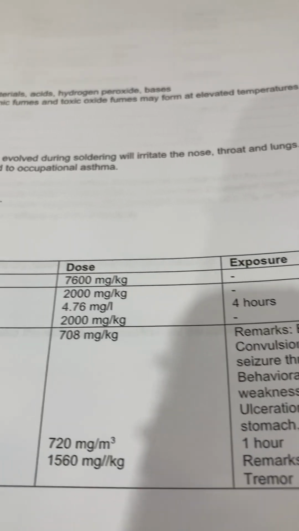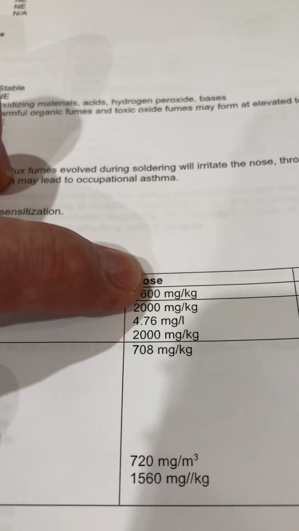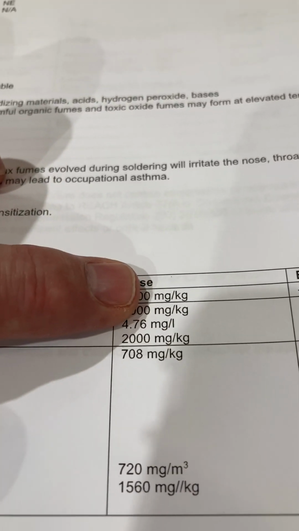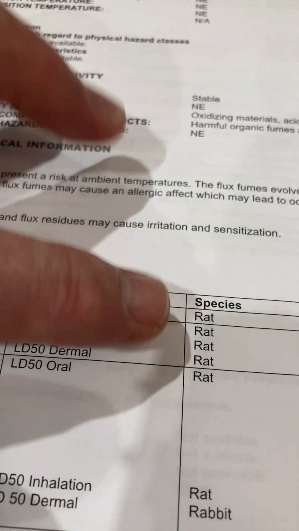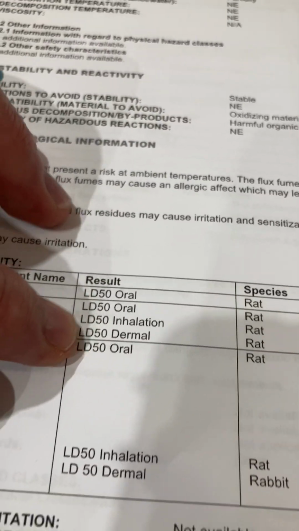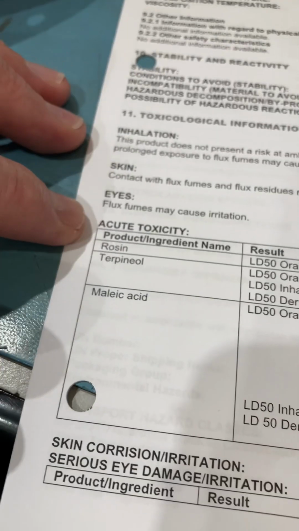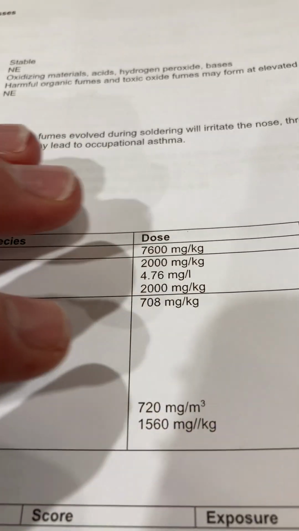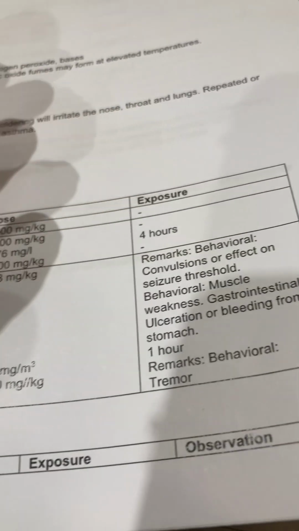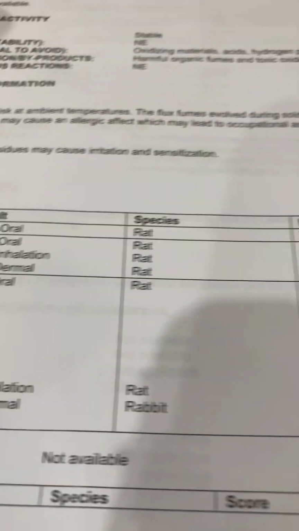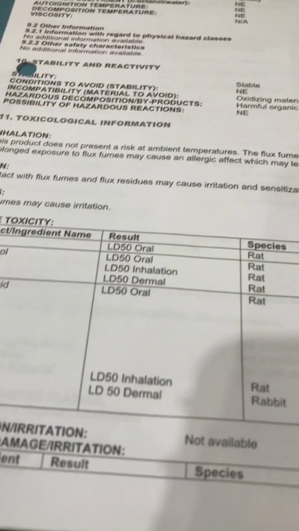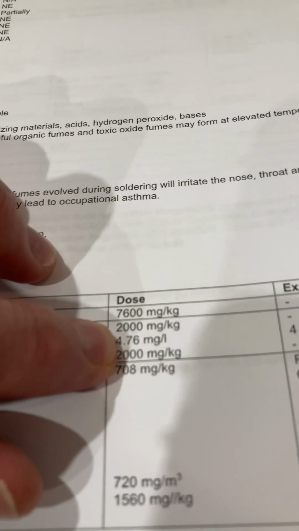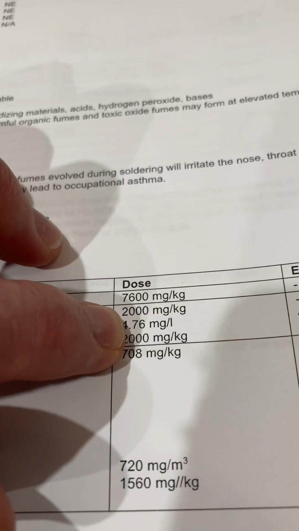So 50% of the test subjects would ingest that amount of chemical, and it would kill half of them. That's what the LD50 means. So you can tell you'd have to ingest quite a bit, so it's relatively low toxicity, though the lower this number is, the more toxic it is to you.